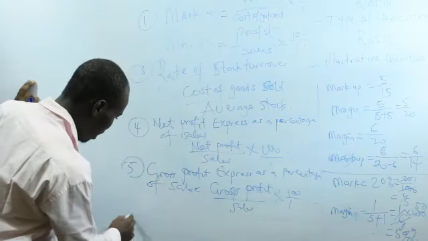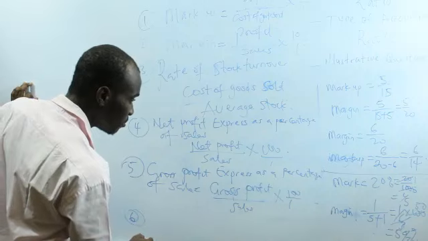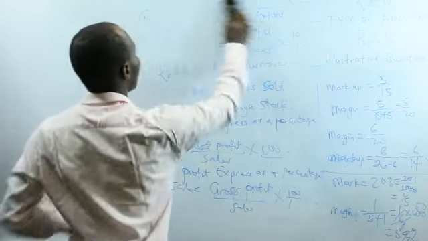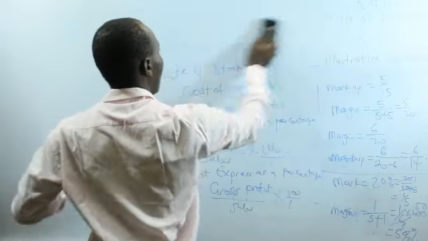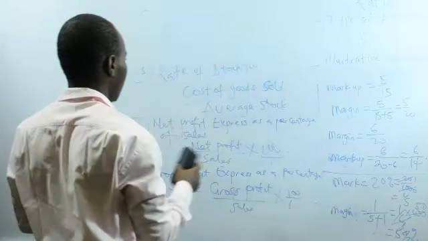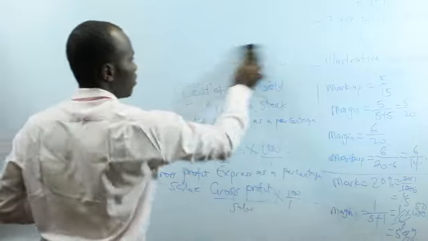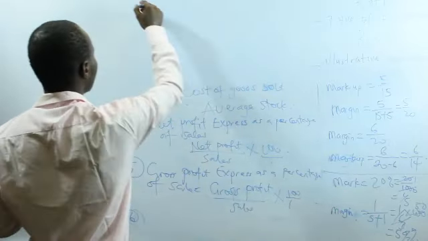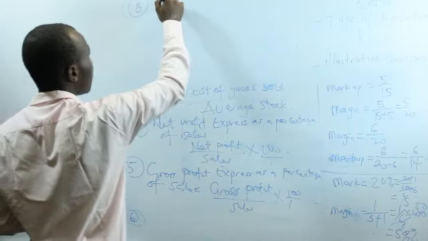So the next ratio we have is the manager's commission. That is the 6th ratio.